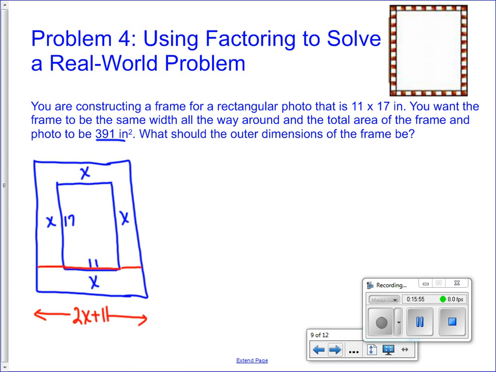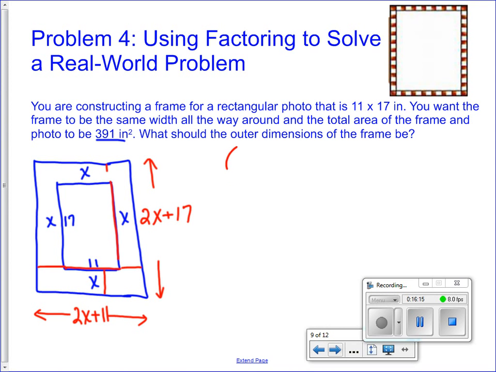My vertical distance from edge to edge is going to be x plus the 17 plus another x. So again, 2x plus 17.